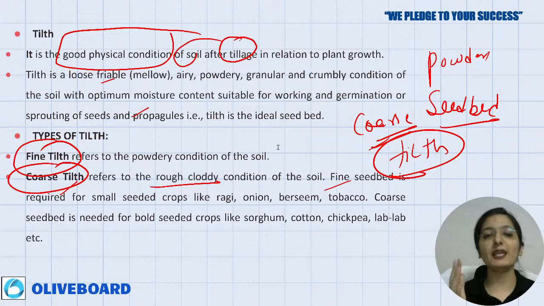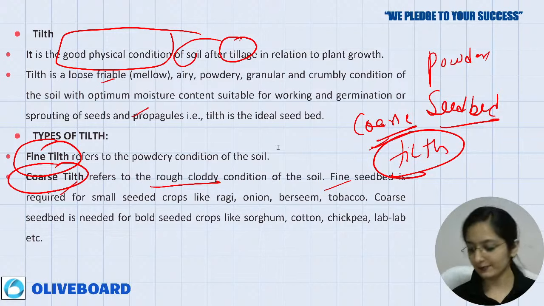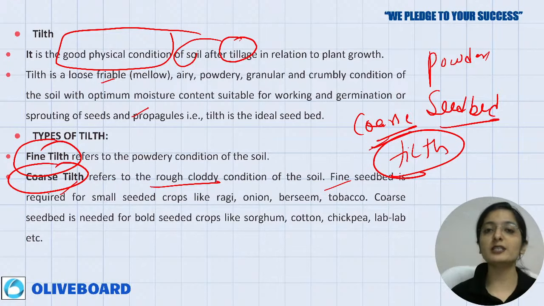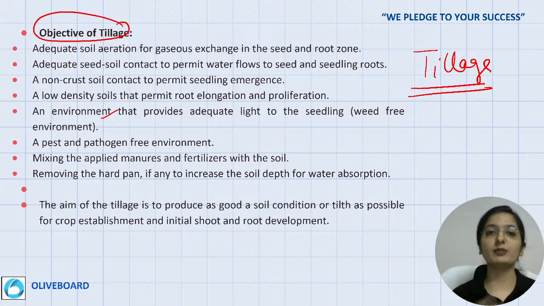So the main aim of tillage is to produce a good soil condition, a soil that is fertile enough for crop establishment, from the shoot to the root, right? Correct? And you are absolutely correct with the answer that you are giving. So for this, we are adopting this practice of tillage, right?